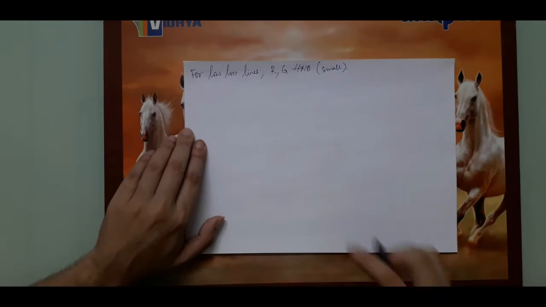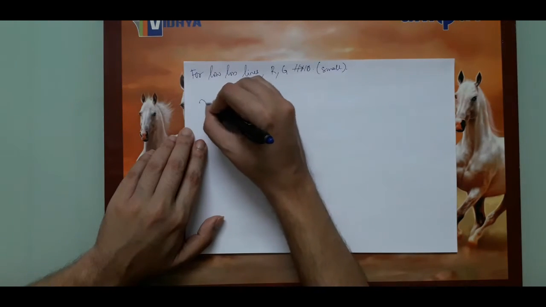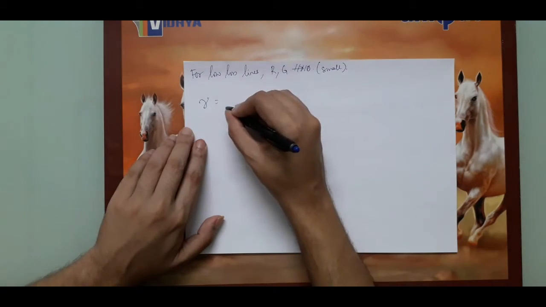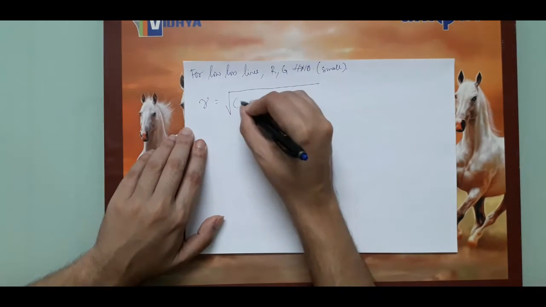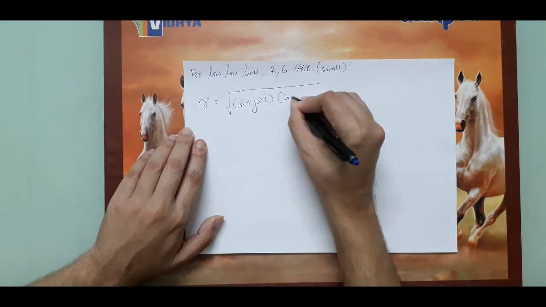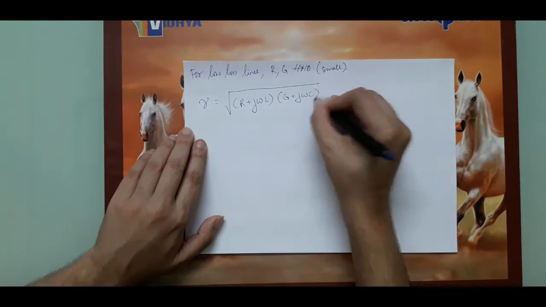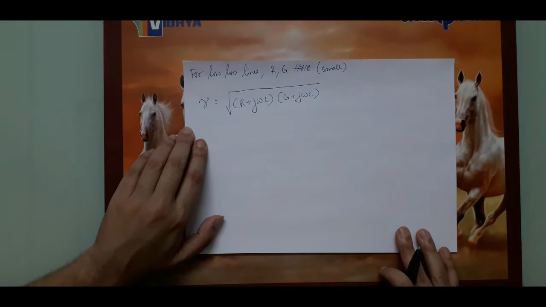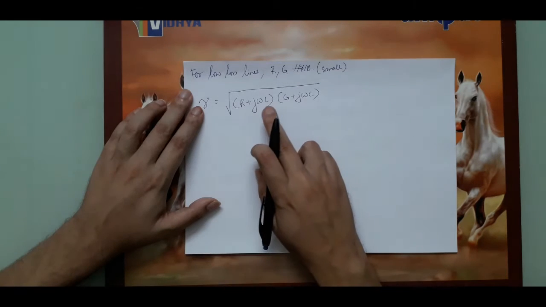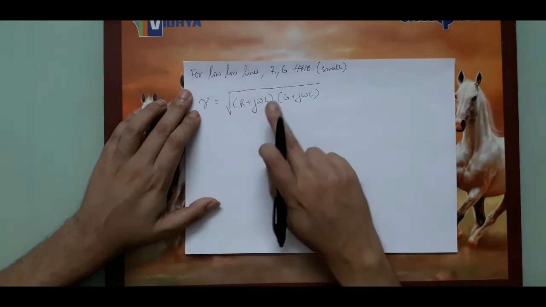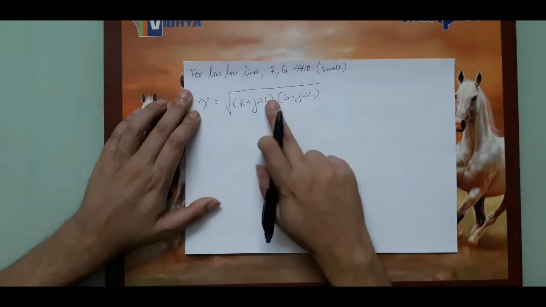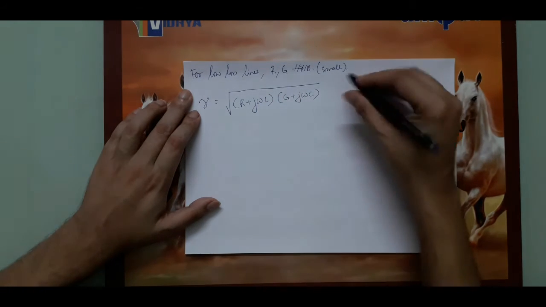So if I now try to express the propagation constant gamma, so we have proved that gamma is nothing but square root of R plus j omega L times G plus j omega C. I can say that for lossless lines or low loss lines, the imaginary terms in each of these brackets will dominate.